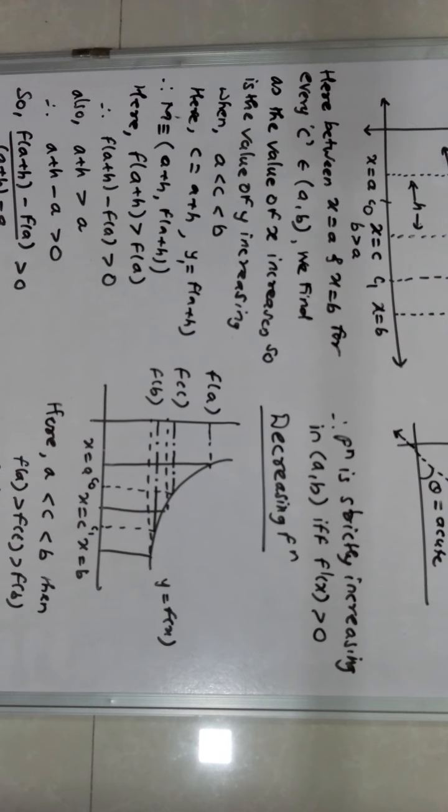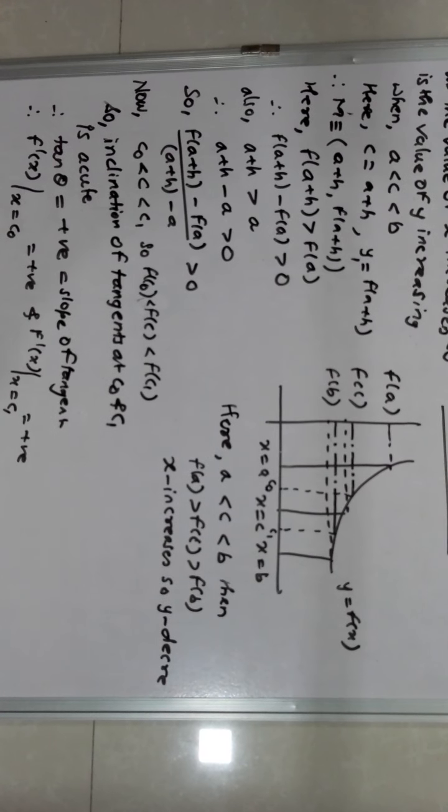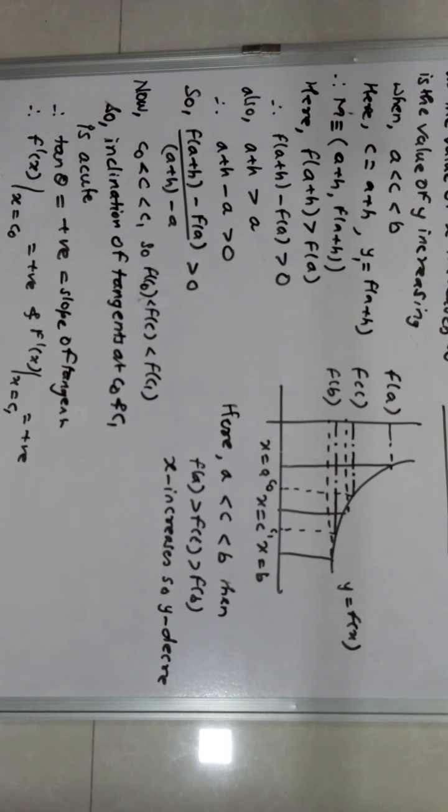So x is increasing but y is decreasing. Now such a function where x goes on increasing and y goes on decreasing, that is, as the value of x increases the corresponding value of y starts decreasing, then such a function is called a decreasing function.